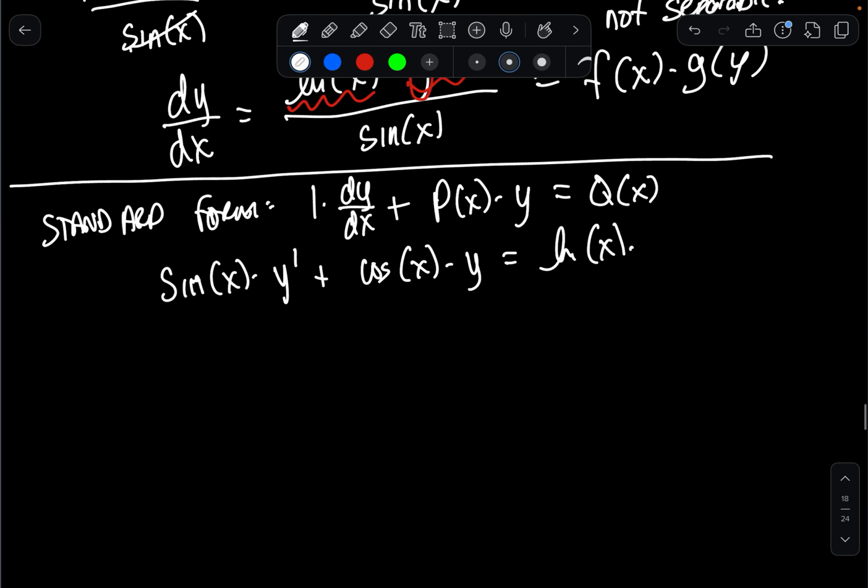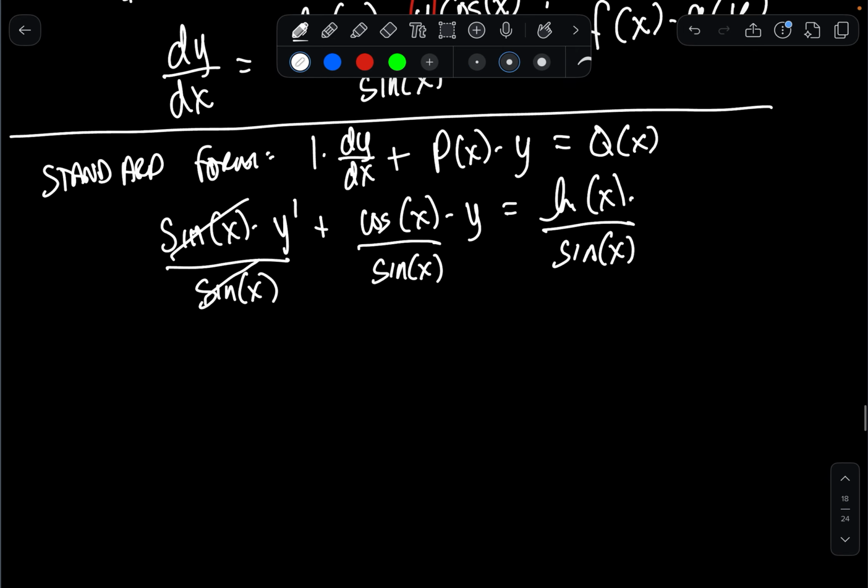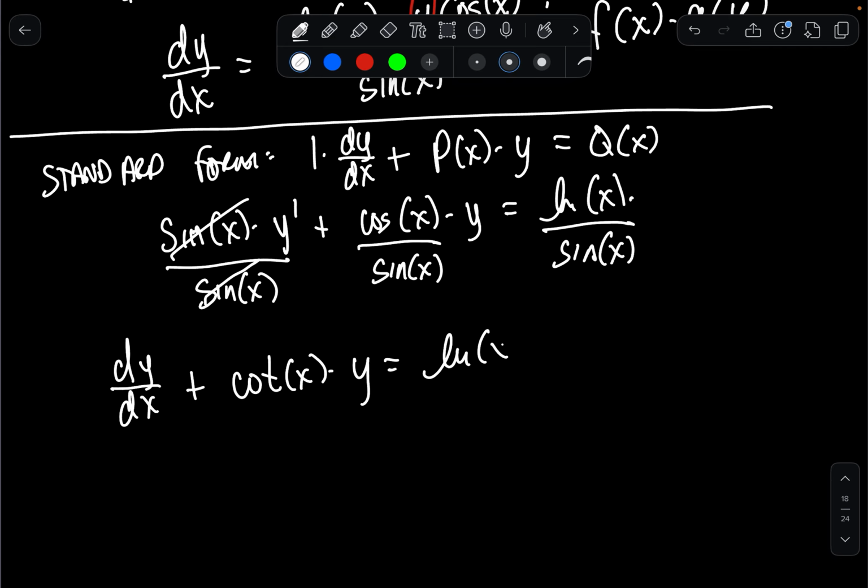Now we're going to divide through by sine of x. And the reason why we do that is to put it in standard form. So we have dy over dx plus, well, cosine over sine is cotangent times y is equal to the natural log of x over sine of x.